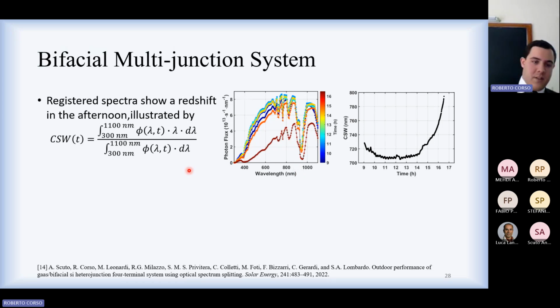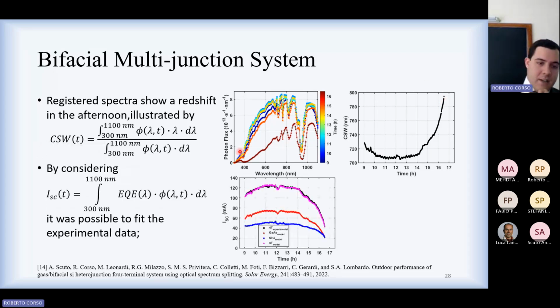This is well expressed by the central spectrum value, which is basically the weighted average of the spectrum wavelengths. And we can see that this is relatively constant above 700 nanometers for most of the day, but then increases quite rapidly at about 800 nanometers in the afternoon.